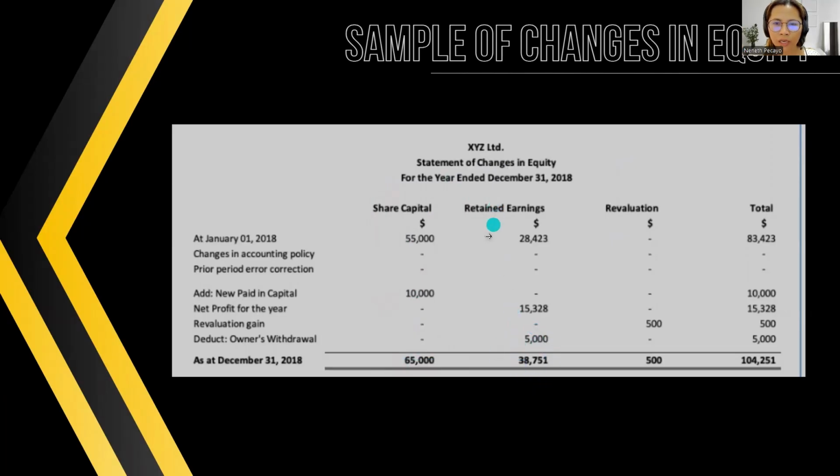The changes in retained earnings are the beginning, and then the net profit, and then the owner's withdrawal. Revaluation, this is the balance of revaluation. And then the total statement of changes in equity is this.